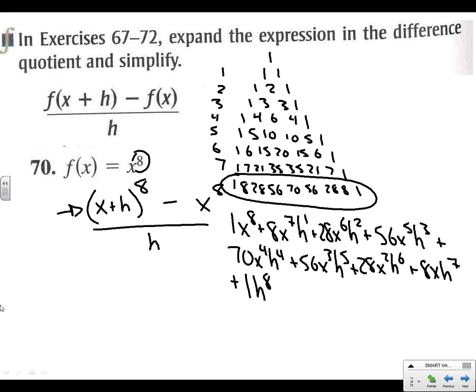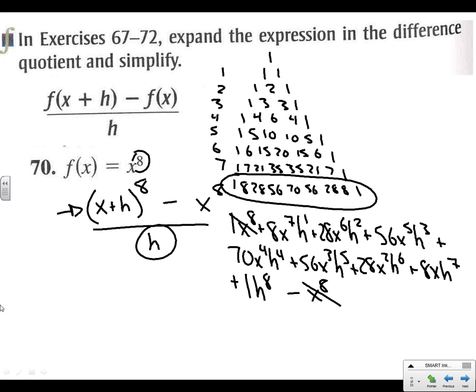We made it all the way to the end. We do need to subtract an x to the 8th off the end, which cancels these out, which means that every single term in here has an h in it.